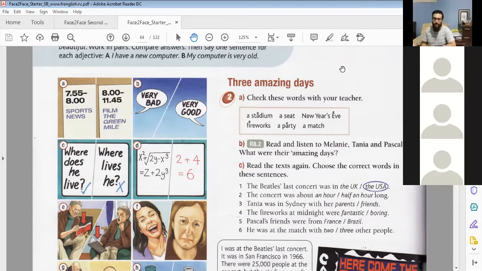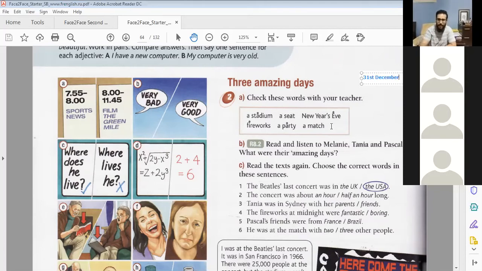All right, we have New Year's Eve. What does this mean, New Year's Eve? What's the meaning? The new year. Correct. It is the eve of the new year. Correct, yes. Because Eve is from evening. So when we say New Year's Eve, this means the evening of the 31st of December.